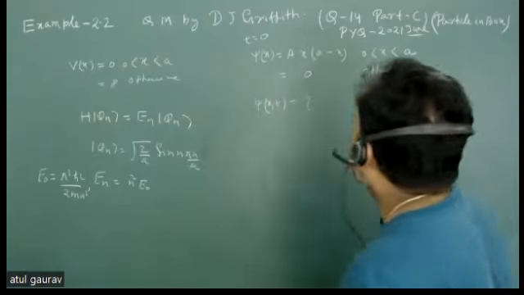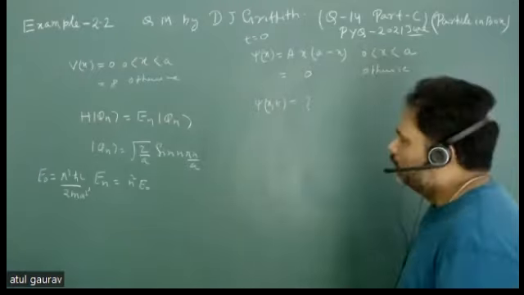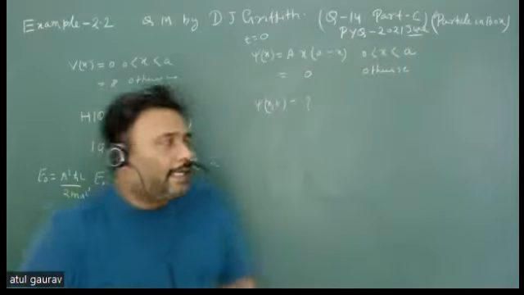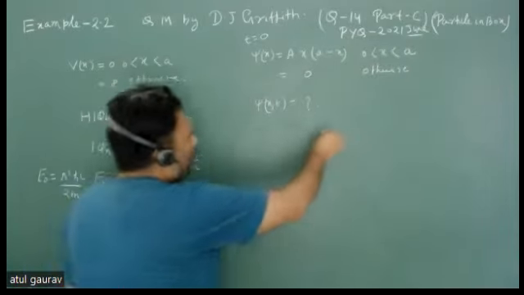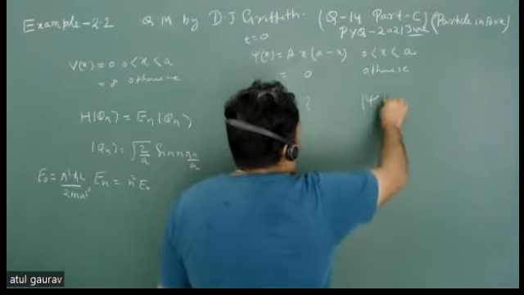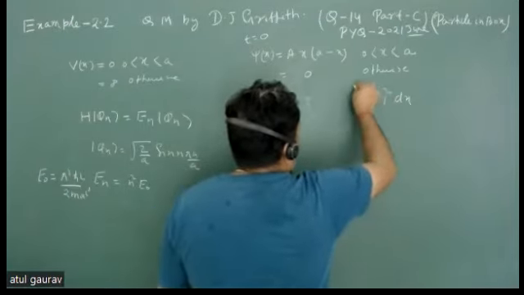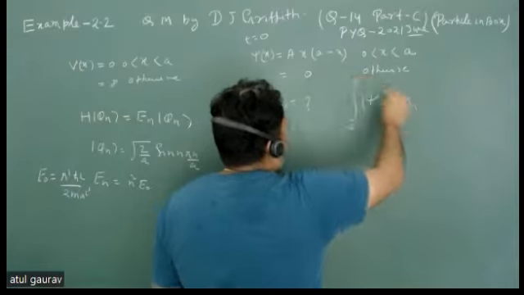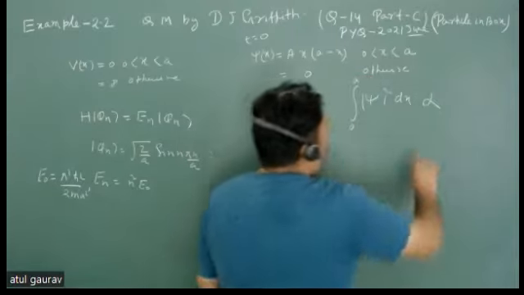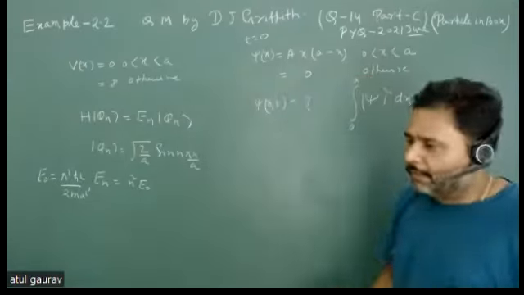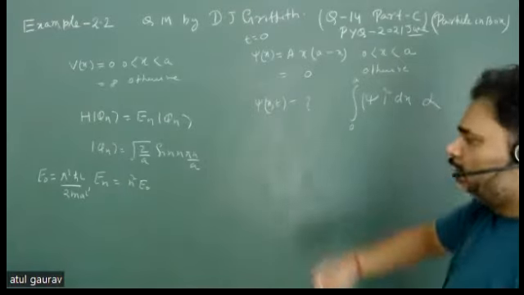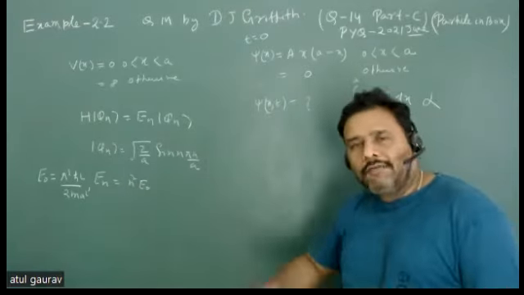In the PYQ 2021 examination, it is given that if we calculate mod psi squared dx between 0 and a, it is proportional to some quantum number, and you have four options. I am just reframing the question.